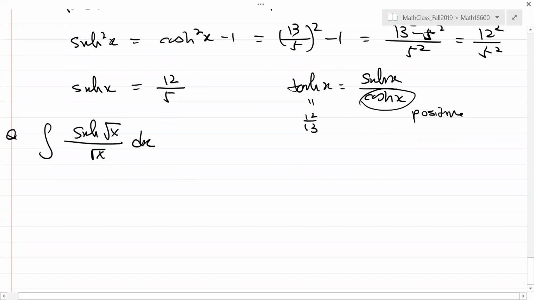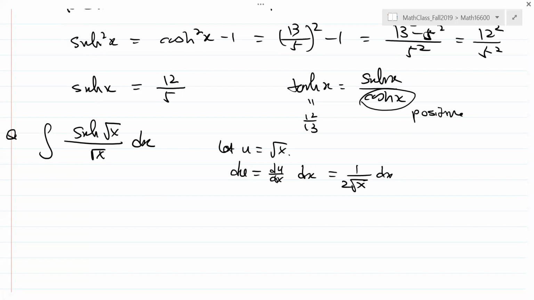Well, when you look at this, clearly you have to use substitution. So step one, you let u equal square root of x. Then du equals the derivative of u with respect to x, times dx. And the derivative of square root of x with respect to x is nothing but this. This is pretty standard.